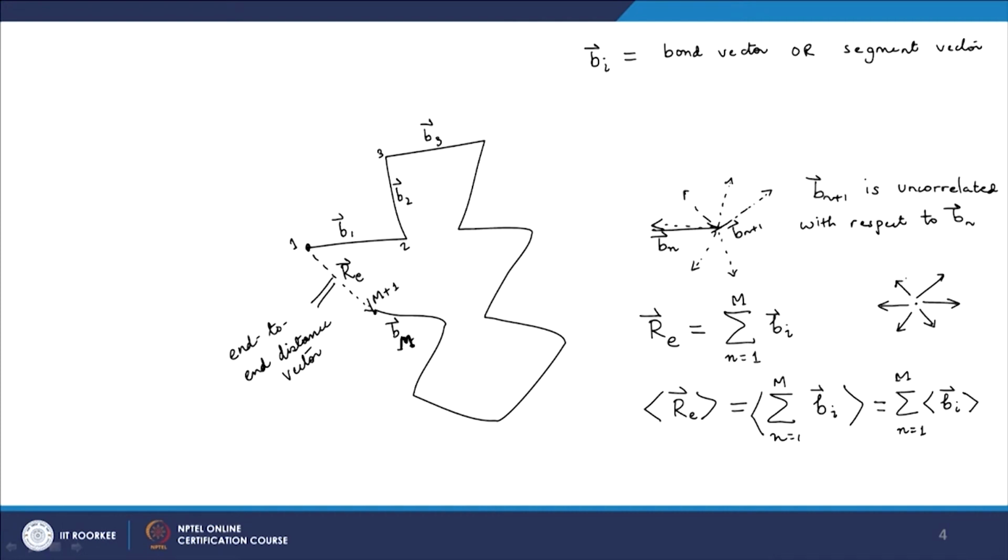Okay. What it really means is, if I take an average of these bond vectors, what I will essentially get is 0, and it does make sense, because the polymer chain can take any number of conformations. Okay. So, it is equally probable to have this conformation as the opposite of this, where we have the end to end distance vector as minus Re. Okay. So, there is no real difference between this conformation and that conformation. So, if I average over the bond vectors, I must get a 0 vector.